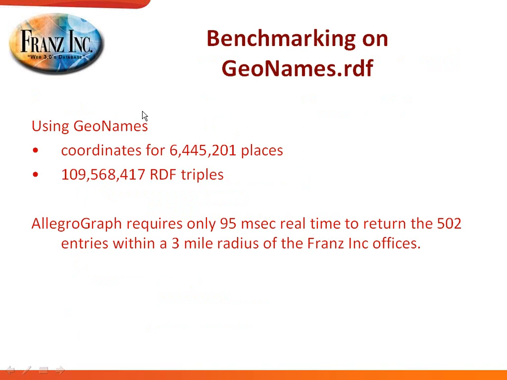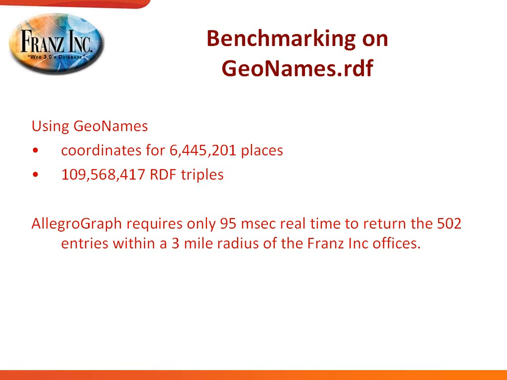Sometimes people want us to give a little bit more information about how efficient our database is, and for benchmarking we use the database called GeoNames. You can find it on the website geonames.org. It's a database with roughly, I think now, almost 7 million places on Earth.